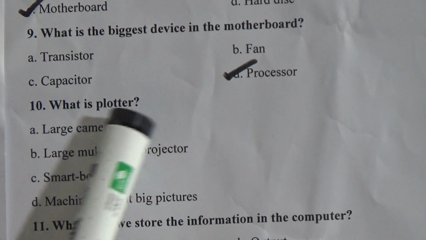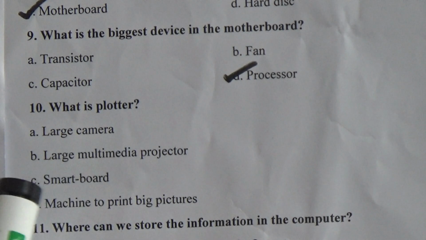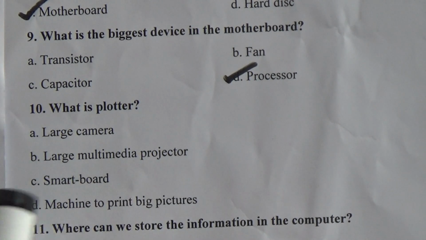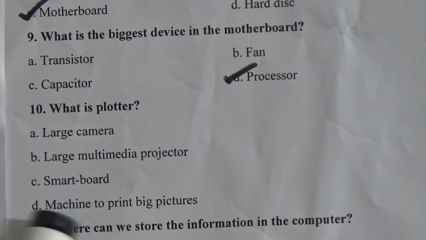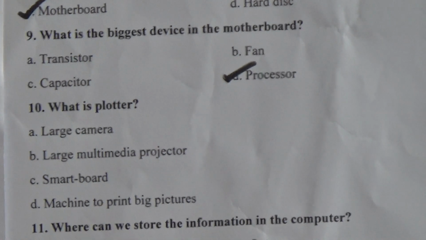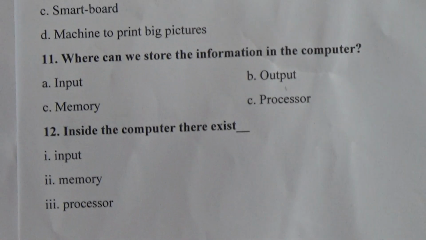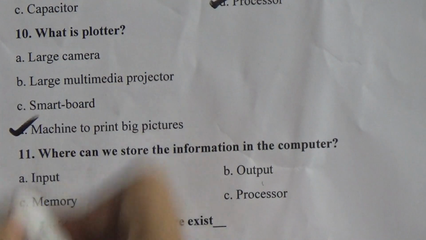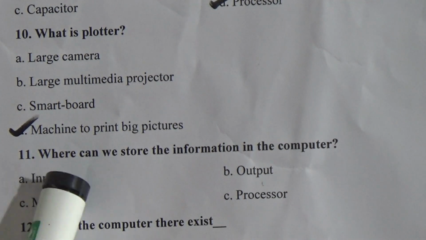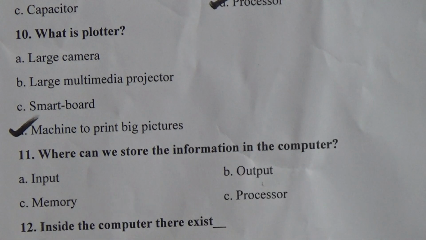Number 10, what is plotter? A large camera. B large multimedia projector. C smart board. D machine to print big pictures. We know plotter is the machine to print big pictures. And 11, where can we store the information in the computer?